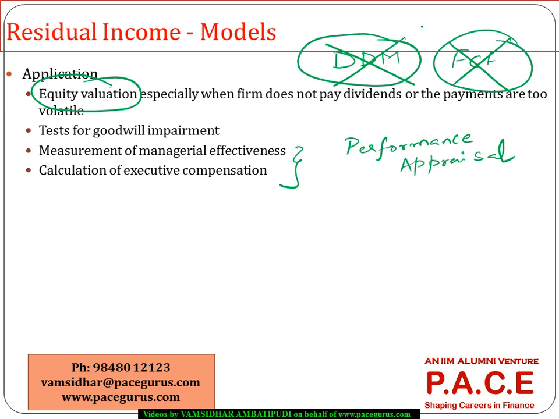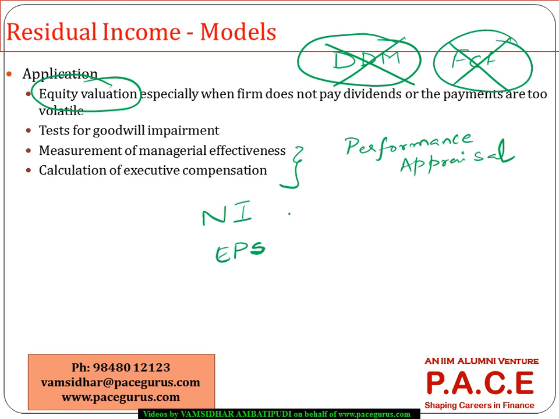So in those kinds of cases, I can go forward and try to do the residual income based valuation model. From that standpoint, we see that residual income based valuation models have gained a lot of momentum in the industry. Whenever I am computing the residual income, as we have seen earlier, I will look at the net income of the current period, or probably EPS, depending on whether I am operating at a complete company level or a single share level.